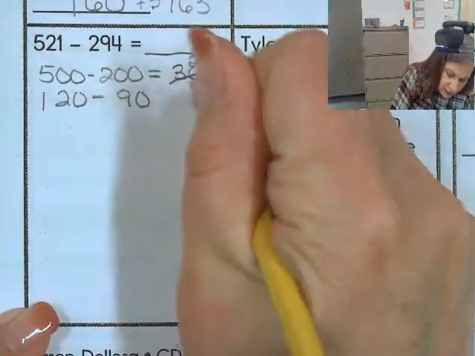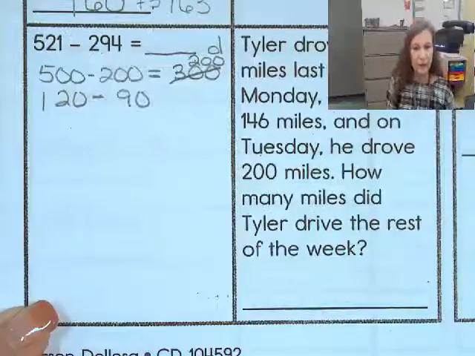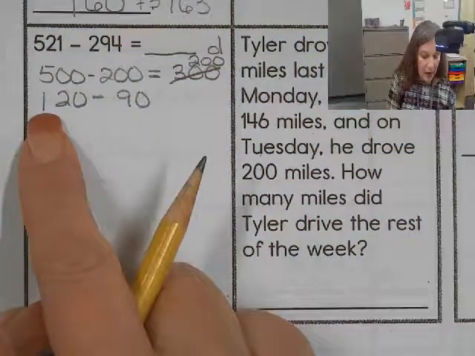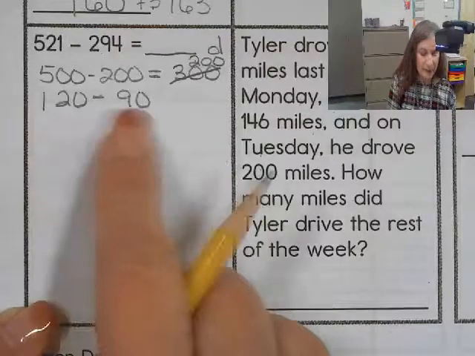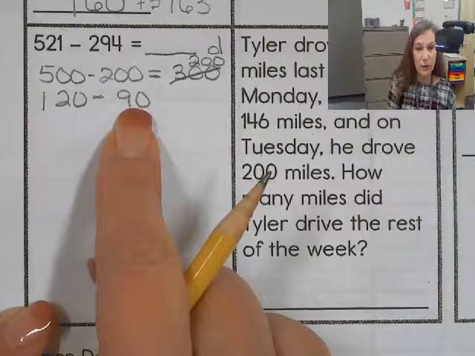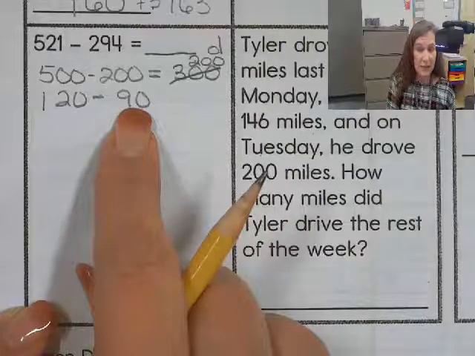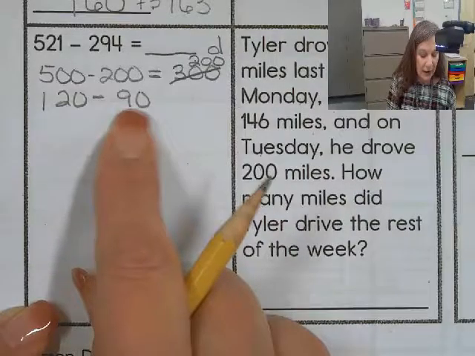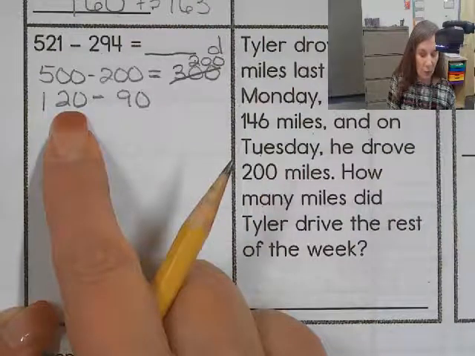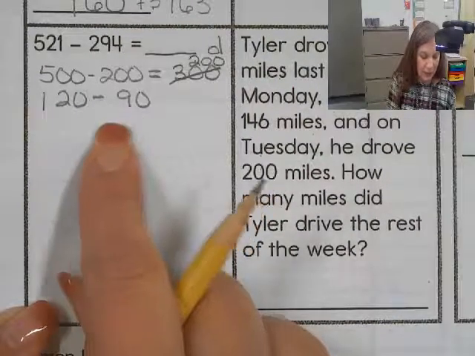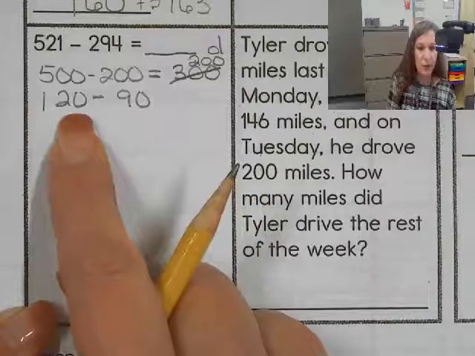That's going to leave me, if I regroup, 200. Now when I subtract 100, now 120 minus 90. Now I can subtract. To make this easy on myself, I want to find how much it takes to get from 120 to 90, or I could count up by tens from 90 up to 120.